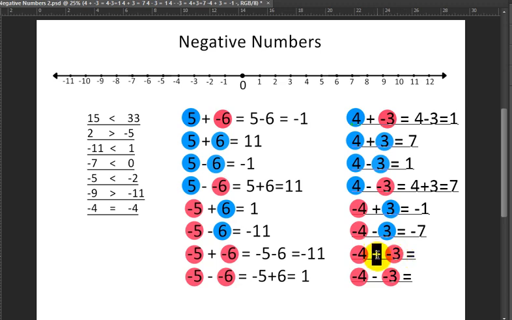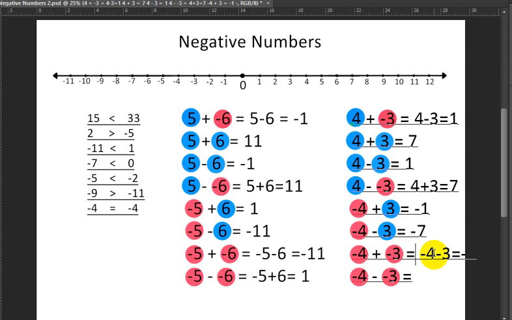Rule number 1, adding a negative is the same as subtracting a positive. So negative 4 plus negative 3 becomes negative 4 minus 3. And we've already done negative 4 minus 3, and it makes negative 7.